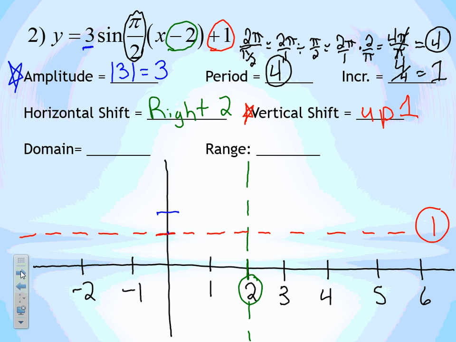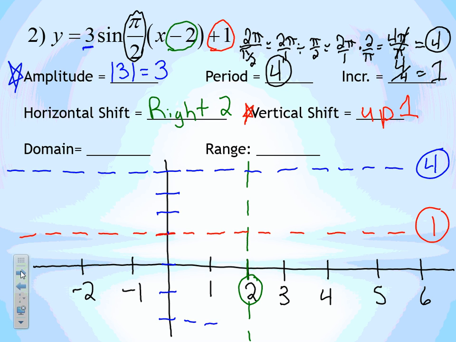So 1, 2, 3. I'm at 4. So right here, I'm going to label this 4. Now when I go back to my line, I need to go down 3. So I'm at 0, -1, -2. -2 here.